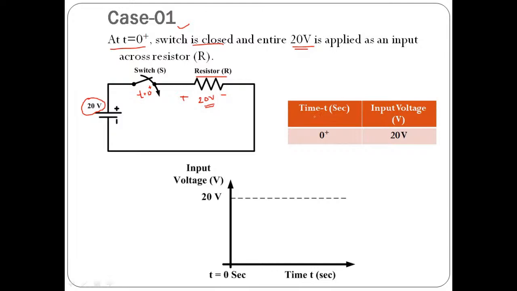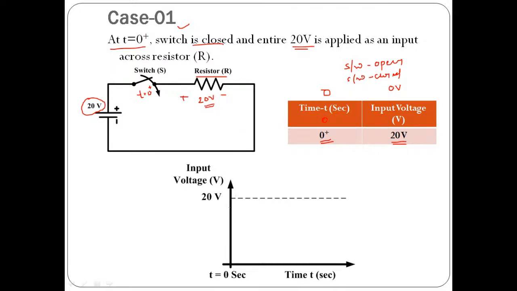See, in this table, at t equals 0, the input applied to the resistor is nothing but 0 volt, because the switch is open. And the moment we close the switch at t equals 0 plus, we have applied the entire voltage of 20 volt across that resistor.